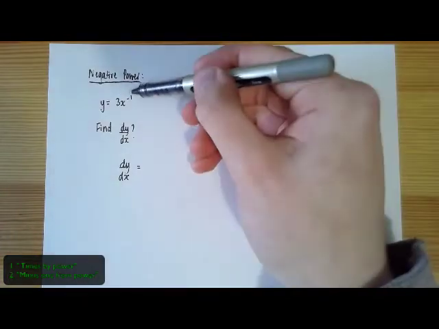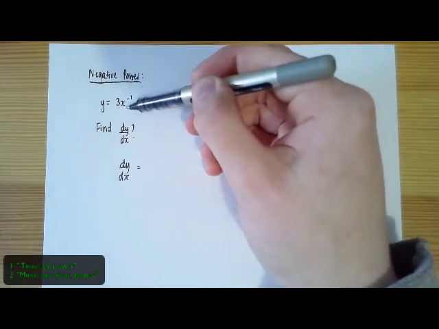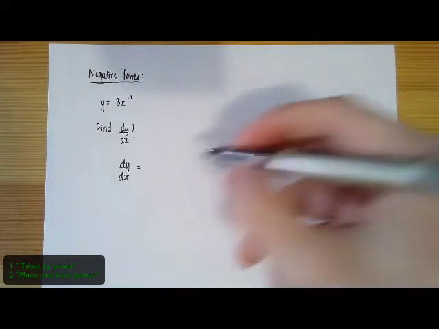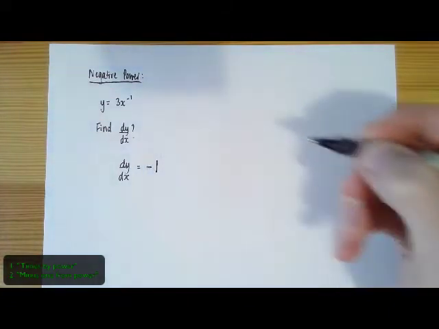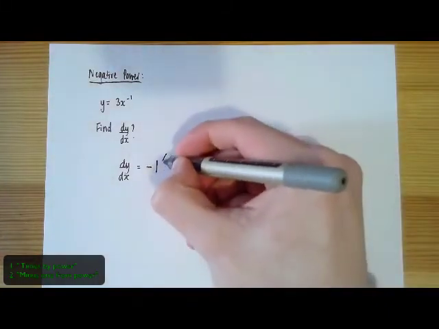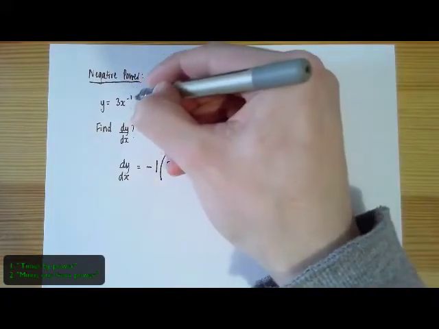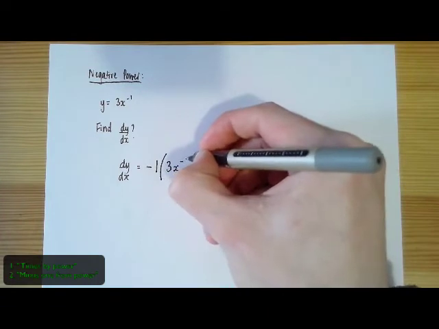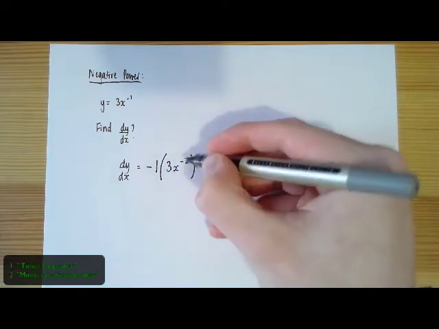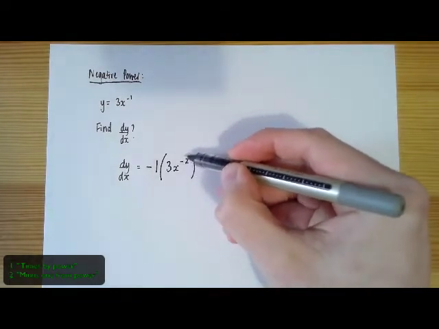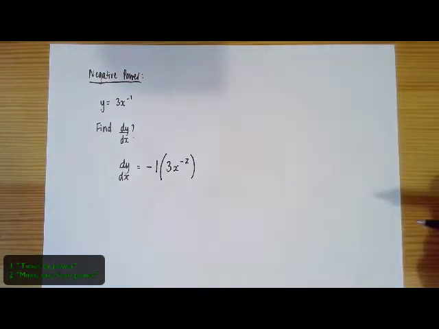So we bring our power down to the front, we multiply by this power, and then we reduce the power by 1. So bringing the power down to the front, I'm going to get a big negative 1. And I'm going to be multiplying that by 3x, and reducing my power by 1 goes to negative 2. Be careful with your negatives, your number becomes bigger, but because we've got the negative, it actually becomes smaller.